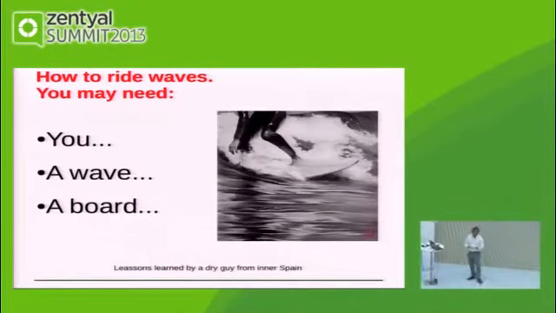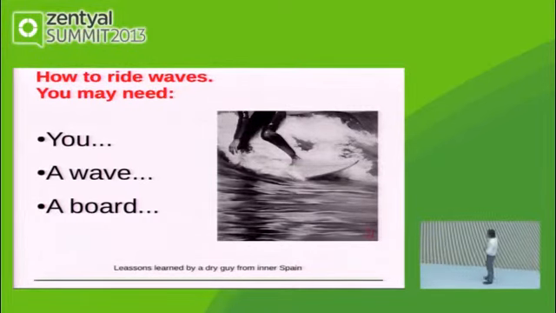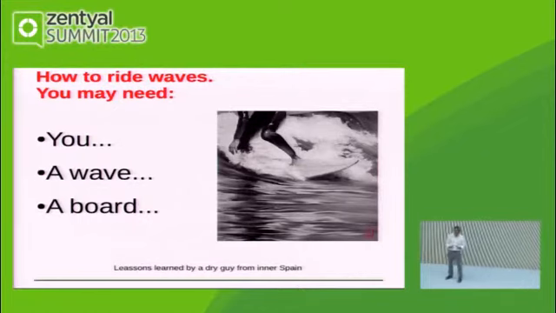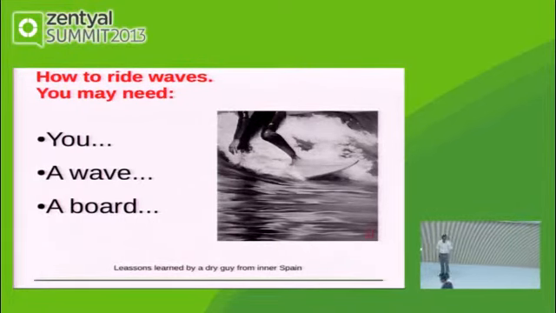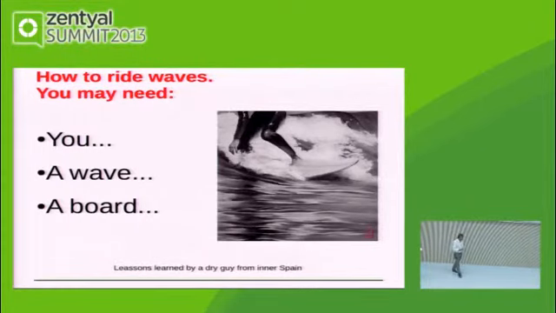Maybe, I don't know if you are surfers or not, but I'm absolutely sure that you've seen a lot of films. In order to ride a wave, you need mainly three things. The first thing is you, because you ride the wave. The second thing, of course, is a wave. And the third thing is the tool you need to ride the wave, the board.